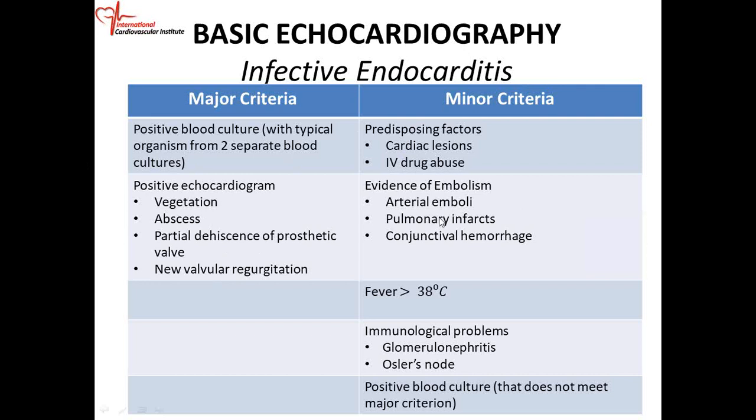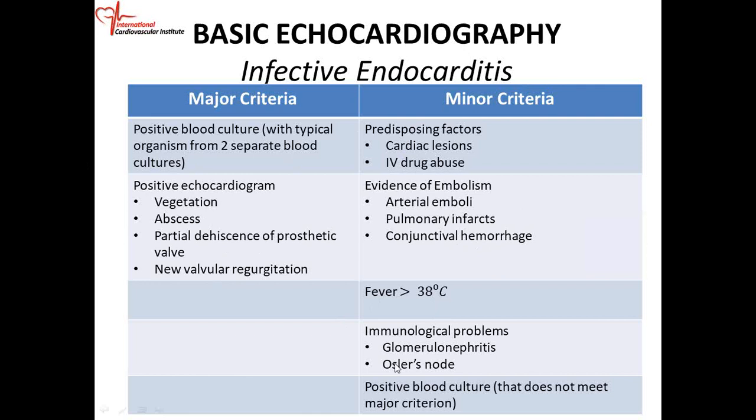Pulmonary infarcts, this infected material may travel to the blood vessel in the lungs, blocking the blood vessel in the lung, so that a portion of the lung tissue may die, pulmonary infarcts. And so if you have evidence of that, then that's another feature. Conjunctival hemorrhage, remember that's one of the features. Fever greater than 38 degrees Celsius.